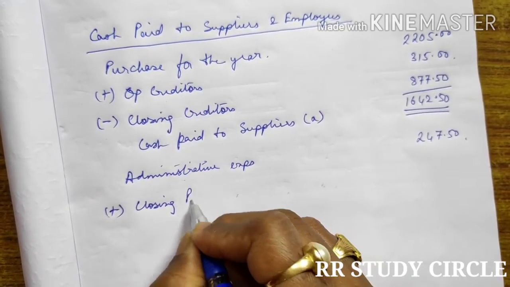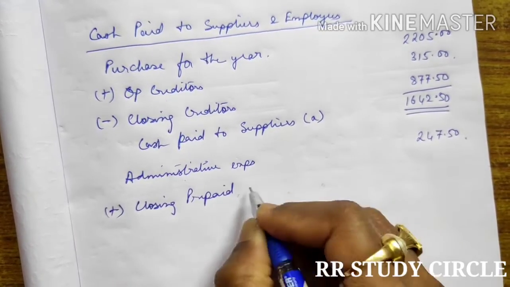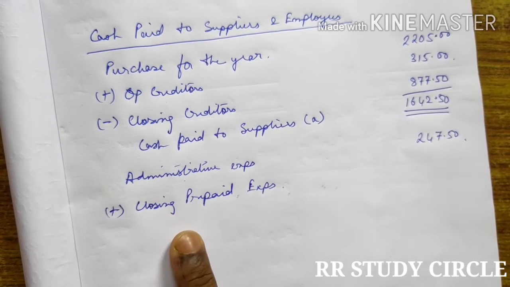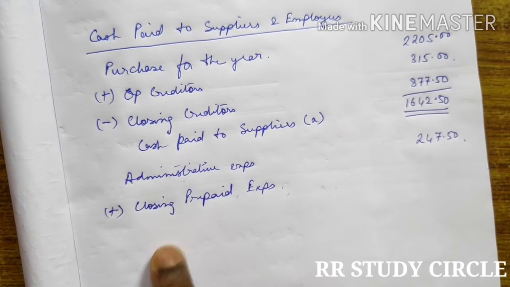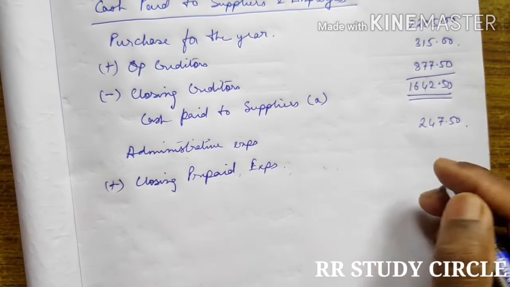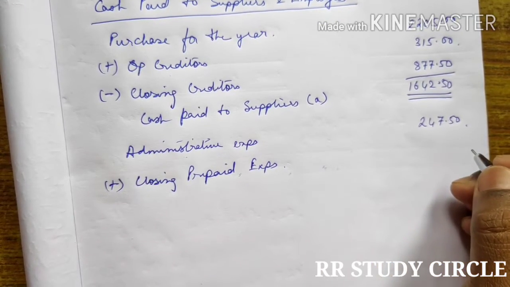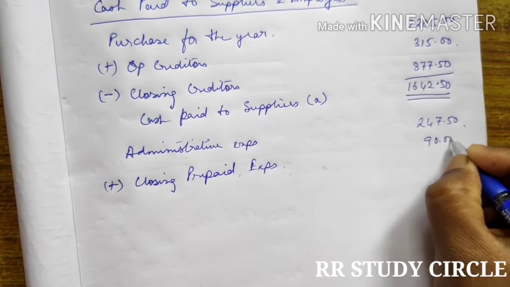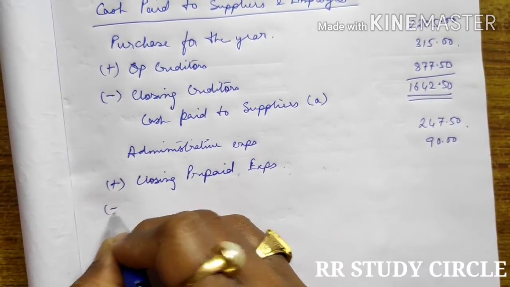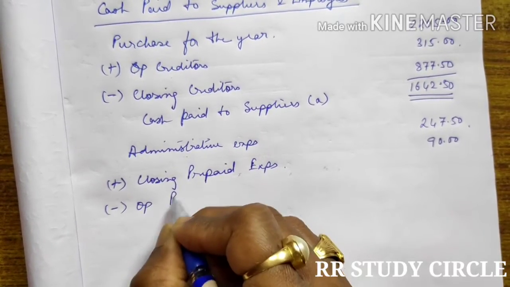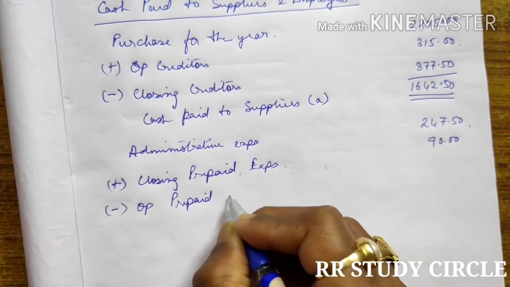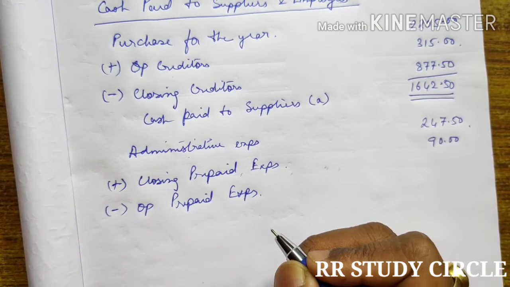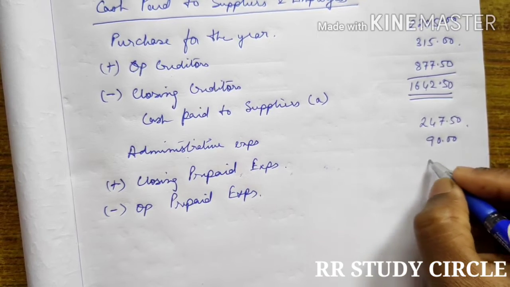Closing prepaid expenses is given in the balance sheet. Remember, only in case of prepaid it is the reverse case. We will add closing and we will deduct opening. So closing prepaid expenses is rupees 90.00, and opening prepaid expenses, which we get in the balance sheet, is rupees 45.